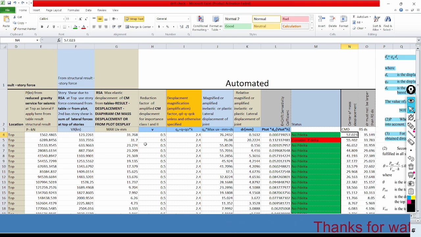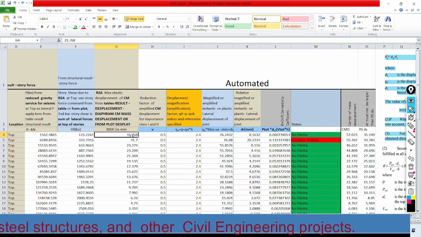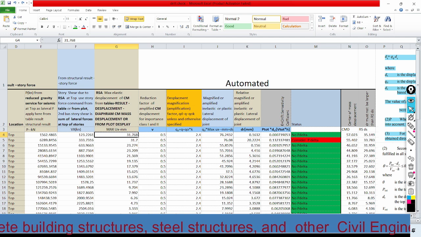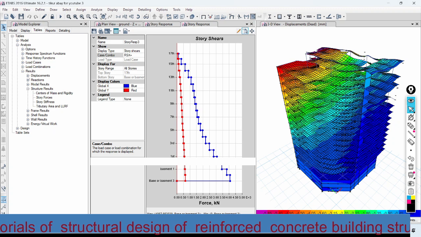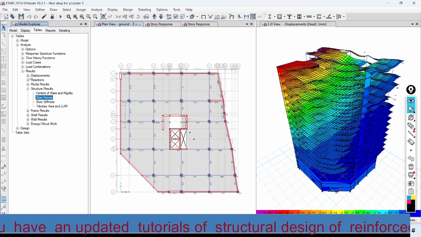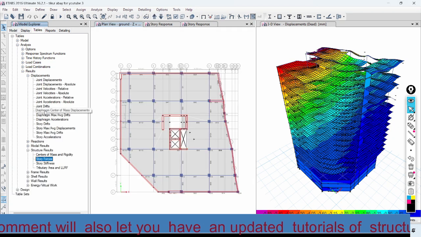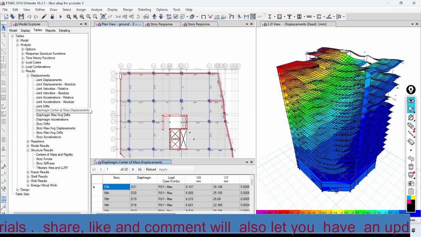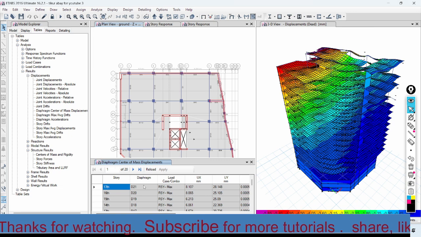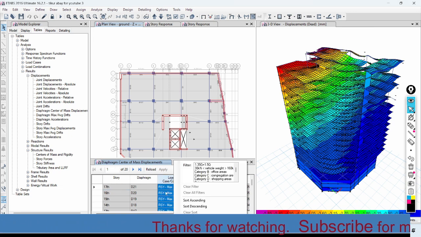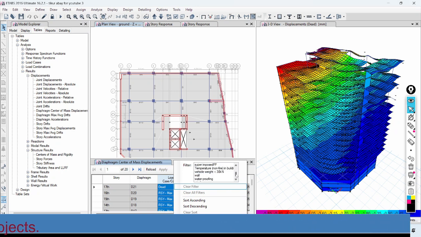Okay, now let me come back again to the lateral displacement in positive x direction after considering the P delta effect. I'm going to take the displacement, that means diaphragm center of mass displacement. So select the positive x direction.